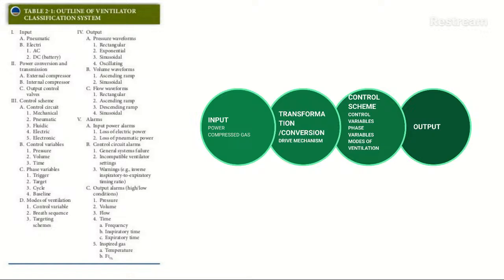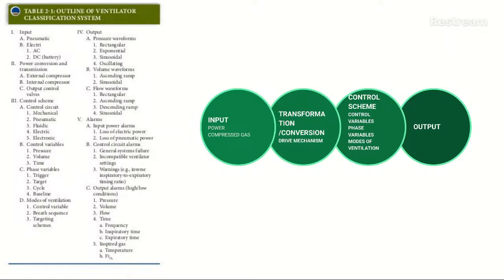This is telling you the same thing, that a ventilator is a simple machine, and we give some input in the form of power. You apply the power cord, switch it on, then you provide compressed gas through the wall.